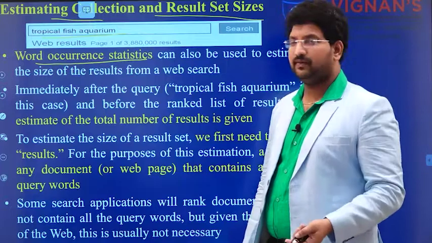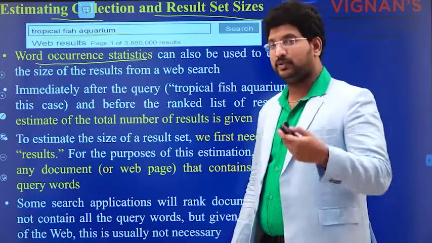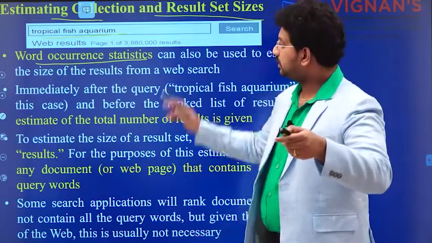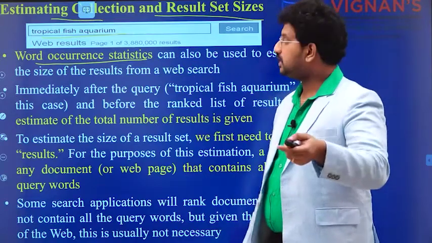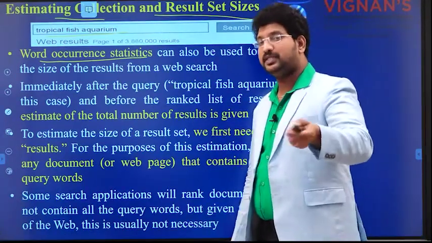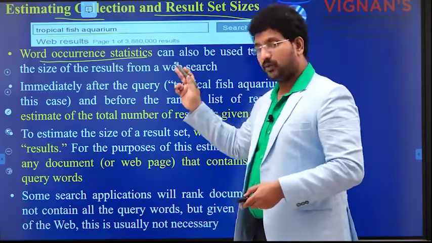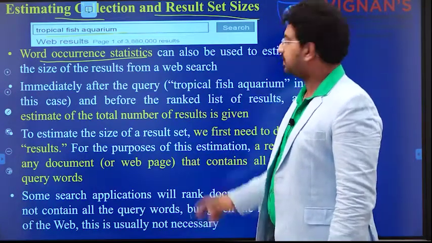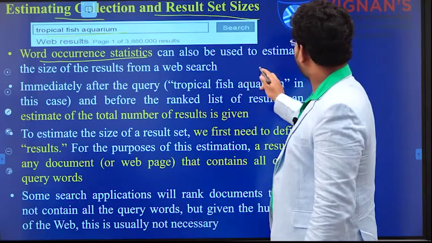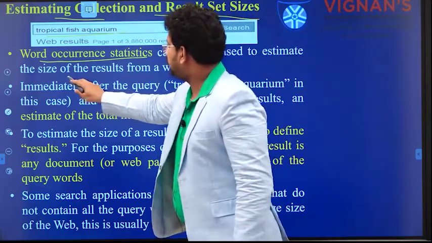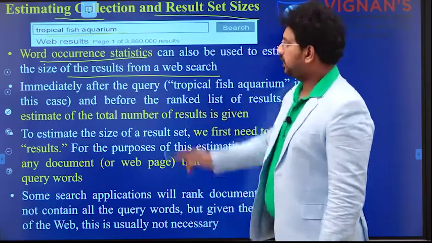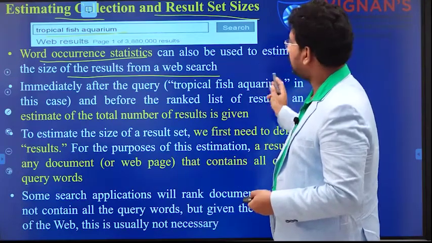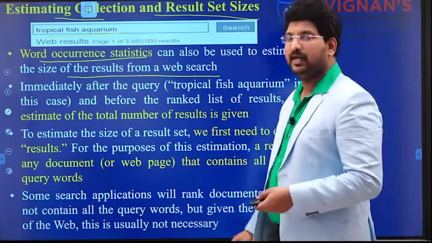At the time you are retrieving documents related to tropical fish aquarium, you will find how many times tropical has repeated, fish has repeated, and aquarium has repeated, and how many documents individually contain tropical, fish and aquarium. That's what word occurrence statistics is about. Word occurrence statistics can also be used to estimate the size of the results from the web search. So here that will play an important role.